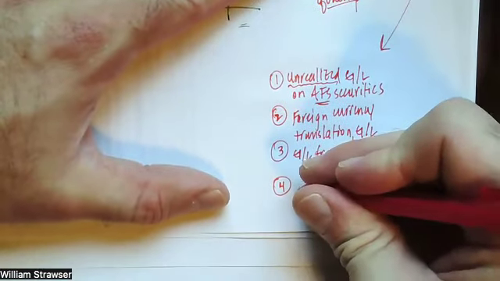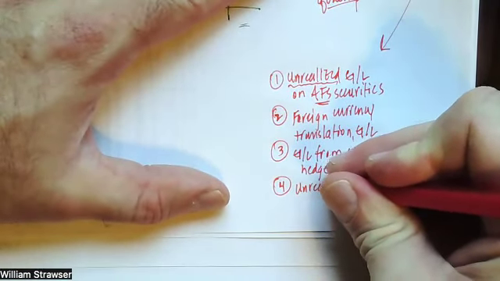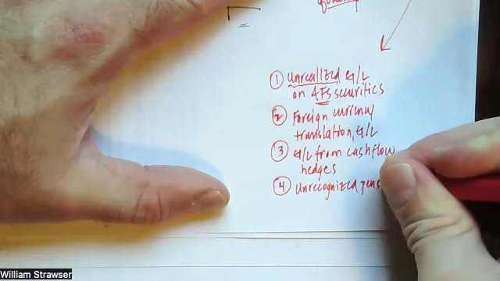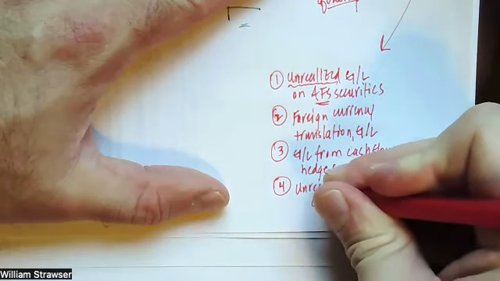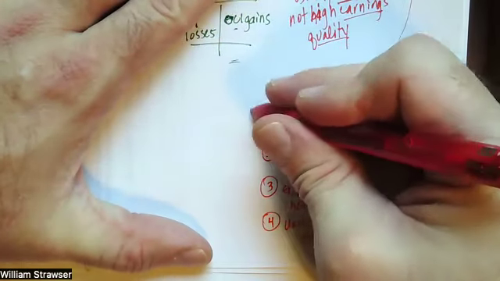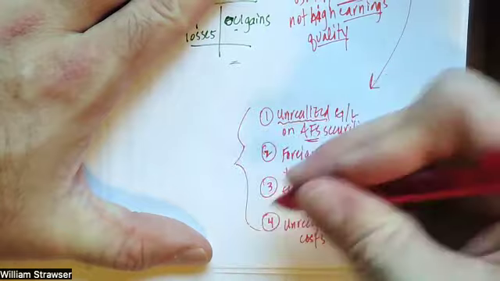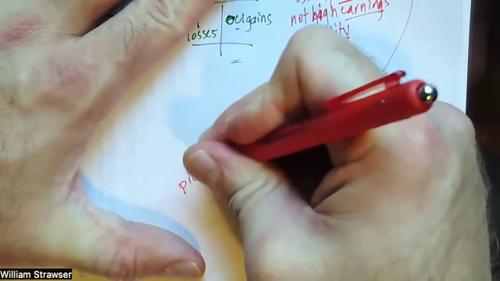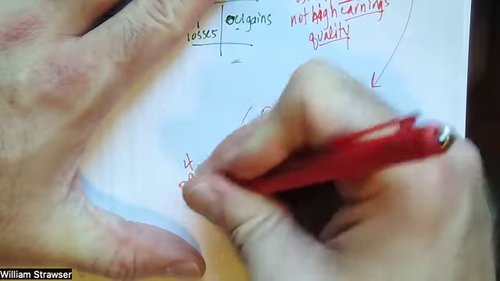And then finally, any unrecognized pension costs also put in OCI. These are the four. There's not many that go in for predominant OCI transactions.